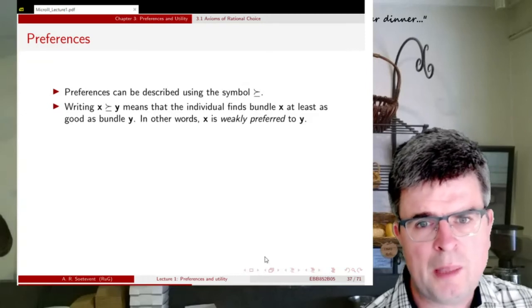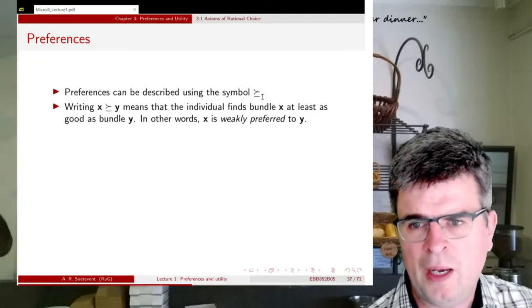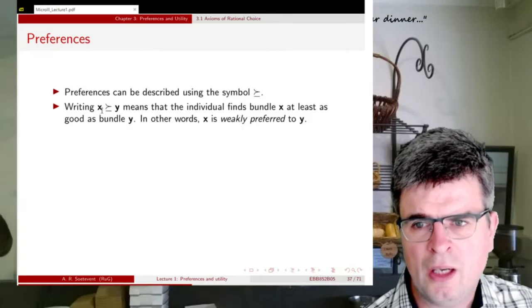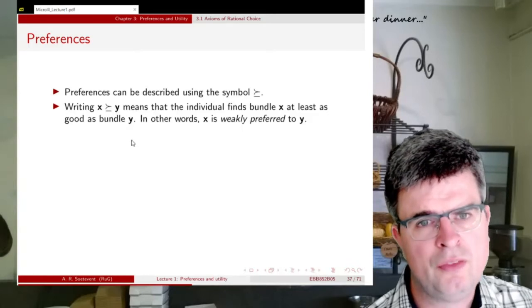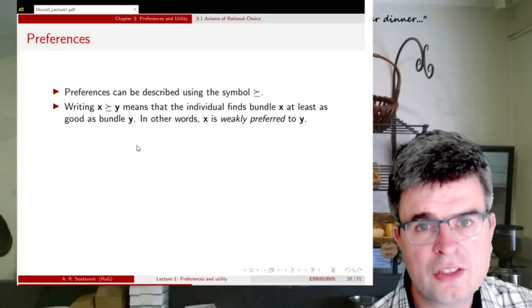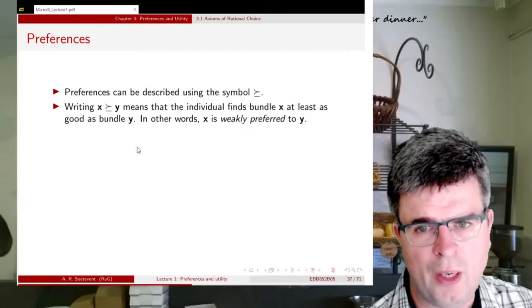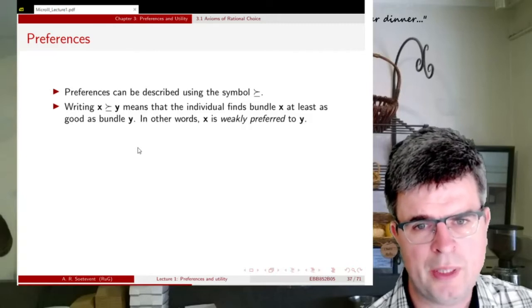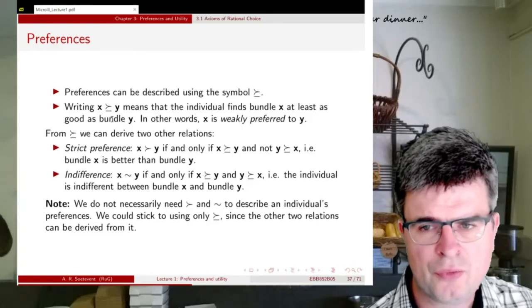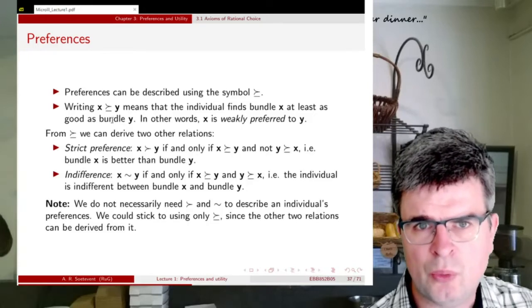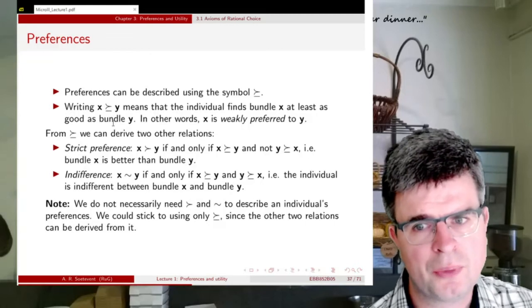Preferences are described by this particular symbol, and whenever we write X is weakly preferred over Y, it means that the individual finds bundle X at least as attractive as bundle Y. So X is weakly preferred to Y. And from this relation we can derive 2 other relations, one being strict preference.